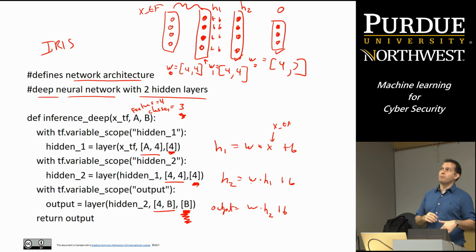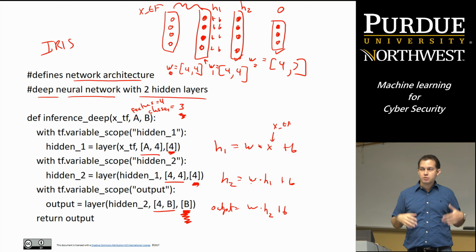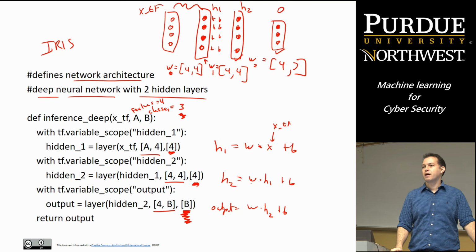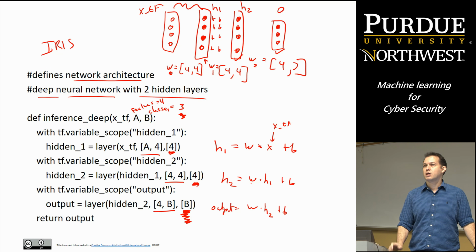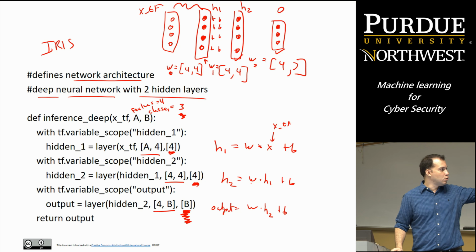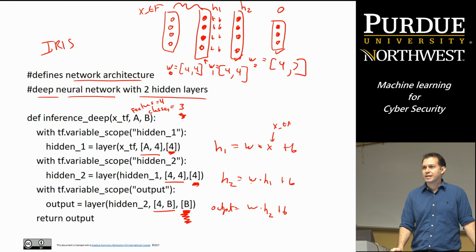Basically, you can reuse the code to create the variables without really worrying about the naming, because TensorFlow takes care of the naming for you. And that's why you add the variable scope, to have a little bit more information there. Internally, TensorFlow might create its own variable names, but you appended that variable scope.